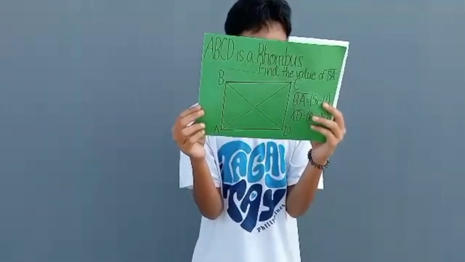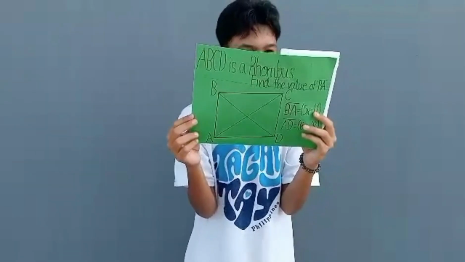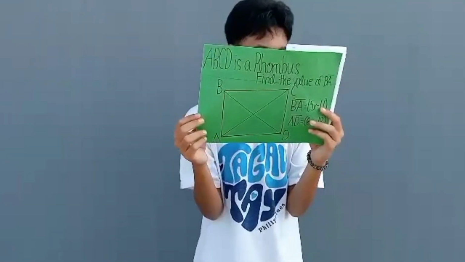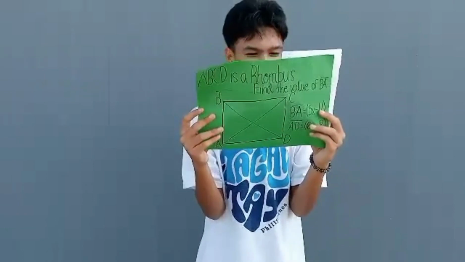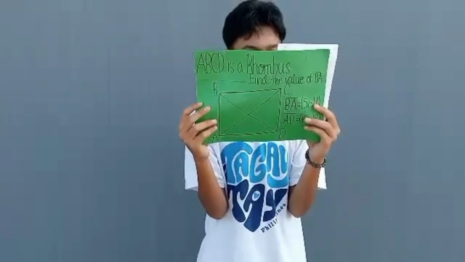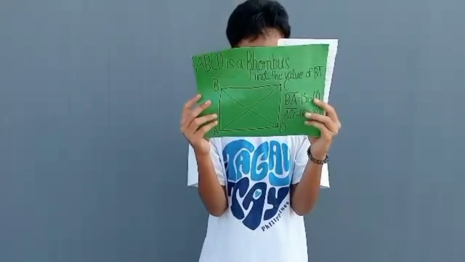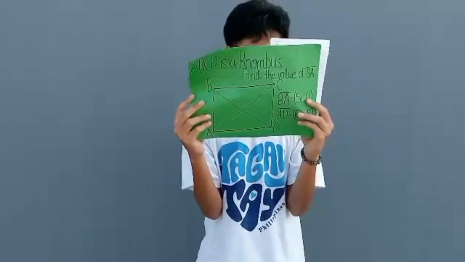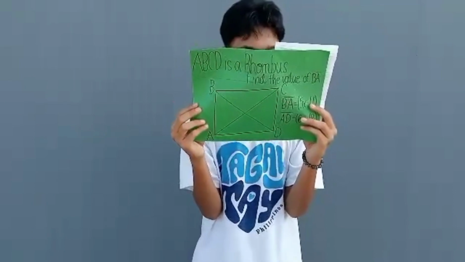To get the value of BA, first thing to do is to find the value of X. Side BA is congruent to side AD. Next is to bring in the given values of the sides. 5x minus 11 equals 6x minus 18.